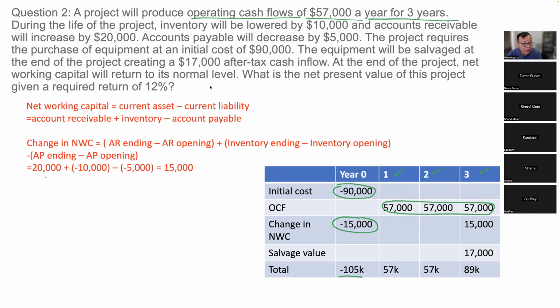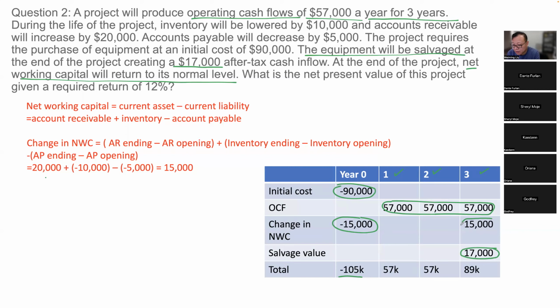At the end of the project, the equipment will be salvaged. Okay, you can sell the equipment, so that would create an after-tax cash flow of 17,000. So you're going to receive this after-tax cash flow 17,000. And don't forget, because at the end of the project, the net working capital will return to its normal level, so that net working capital, the $15,000 cash flow will be released, right?